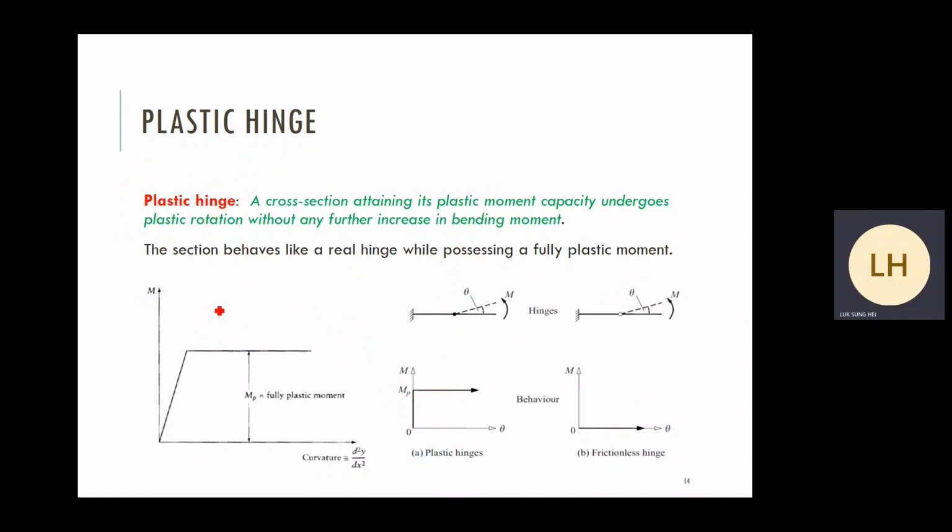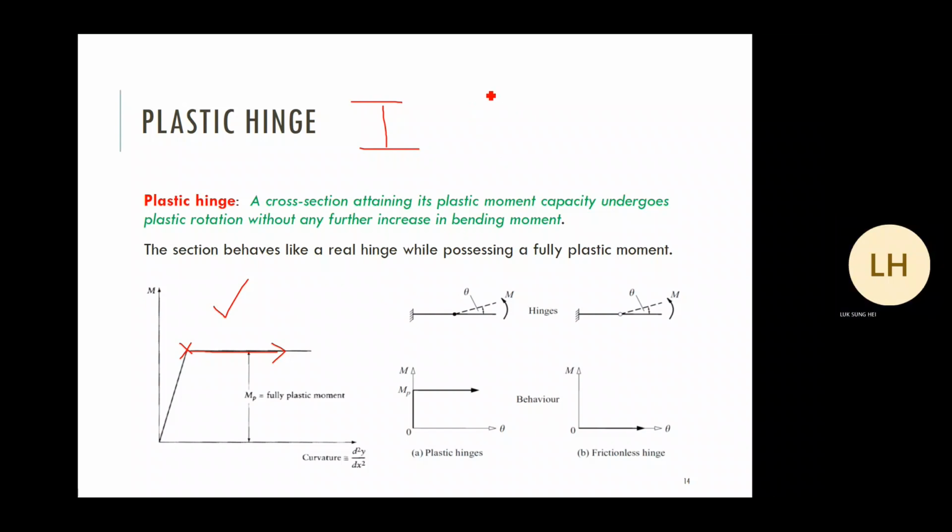And from this picture, you can see one requirement to form a plastic hinge. The requirement is that the member needs to be able to undergo this large rotation. The member needs to be ductile enough to undergo this large rotation beyond plastic conditions. Not all members can do this. As I mentioned before, for steel beam, I section, only class 1 sections can achieve this behavior.